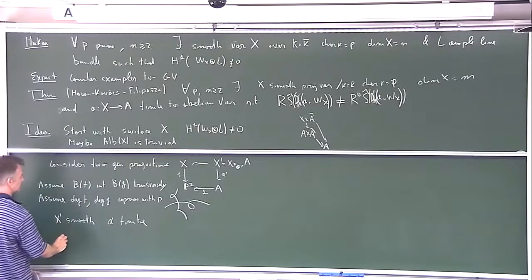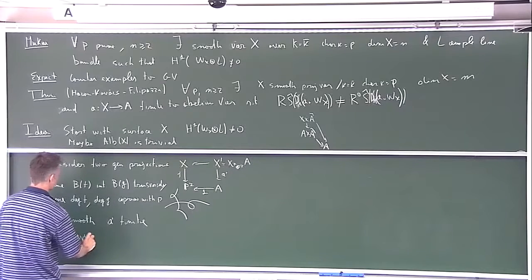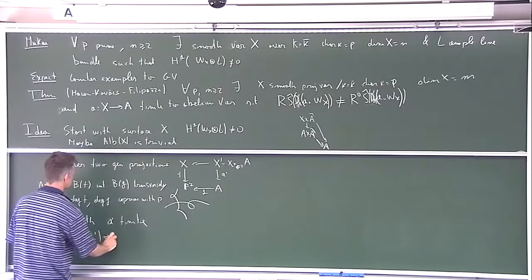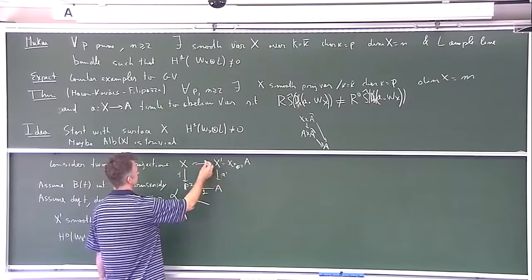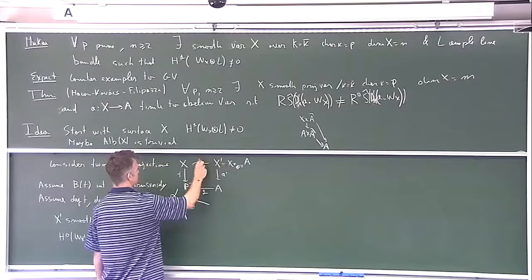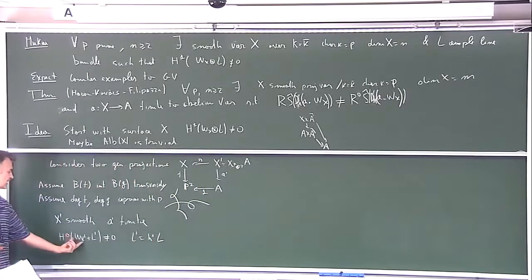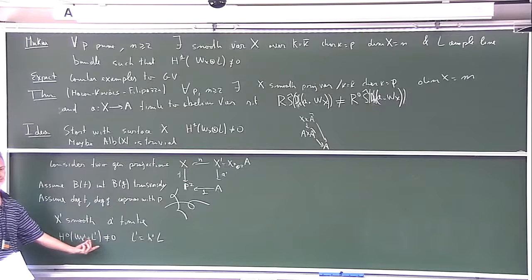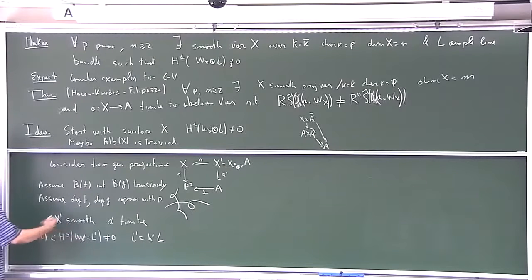And so in particular, H0 of omega X prime tensor L prime will also be non-zero, where L prime is, I don't know what to call this, H upper star of L. Because one of the summands of this is H0 of omega X tensor L, so this contains as a summand H0 of omega X tensor L, and so it has to be non-zero.